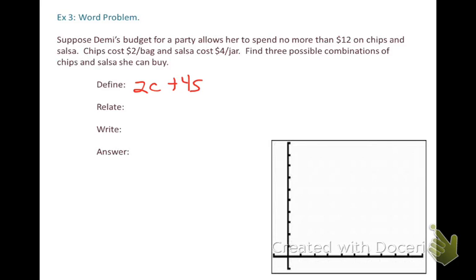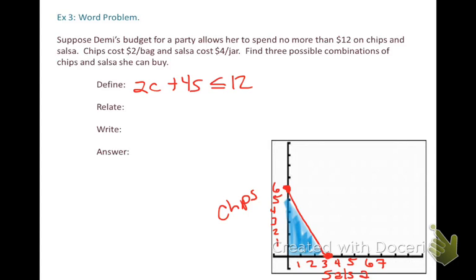Find 3 possible combinations that she can buy. All right, if she only got chips, she can have 6 chips. That's the most she can have. And if she only had salsa, she can have 3 salsas. So the most she can have altogether is something in here. So give me 3 combinations in here.